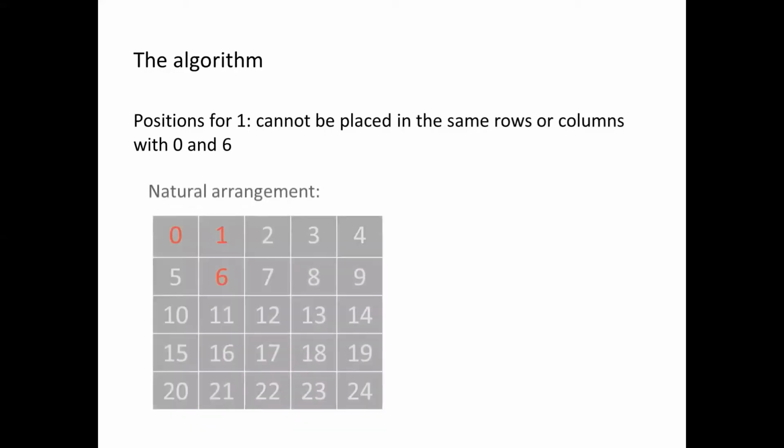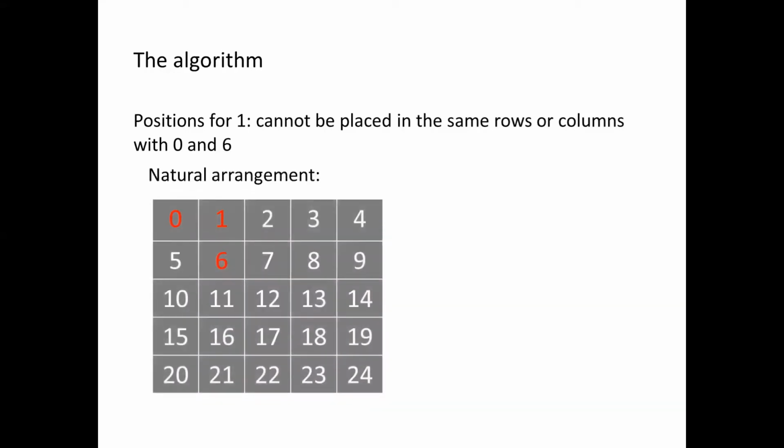Why? In the natural arrangement, 1 and 0 are in the same row. 1 and 6 are in the 6th column. Then they shouldn't be in the same row or same column in the magic square.